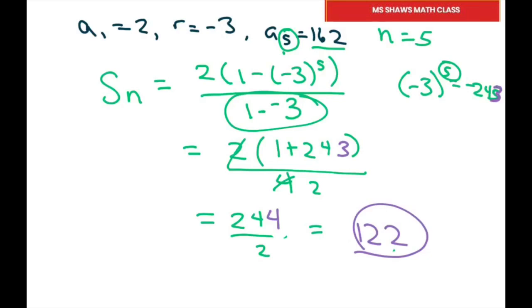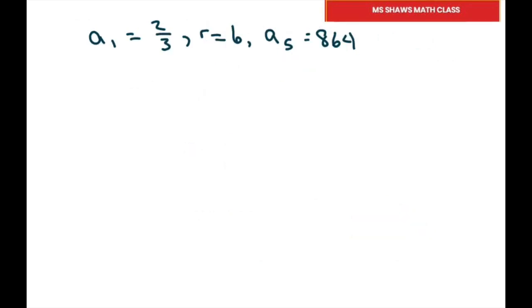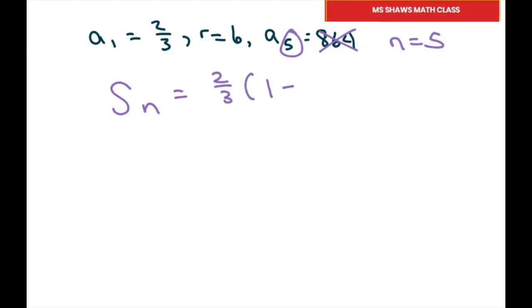All right. So let's go on to the last one. Again, my n is 5, so we don't really care about that number there. So your sum is going to be your first term times 1 minus 6 to the 5th power divided by 1 minus 6.